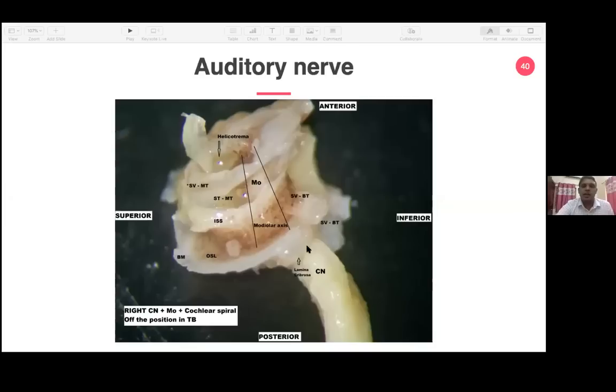If the cochlear aperture is seen to be closed in radiological imaging, that means the cochlear nerve is not in continuity. So you can't do a cochlear implantation and you can't elicit a response in the cochlear nerve by doing a cochlear implantation.